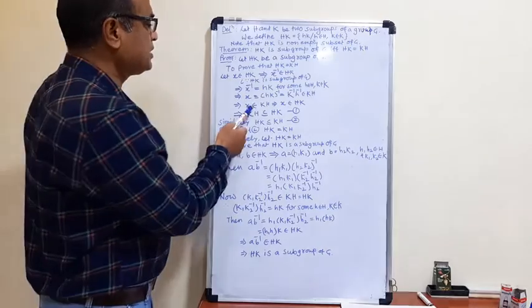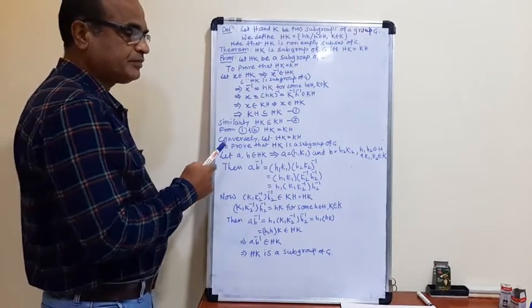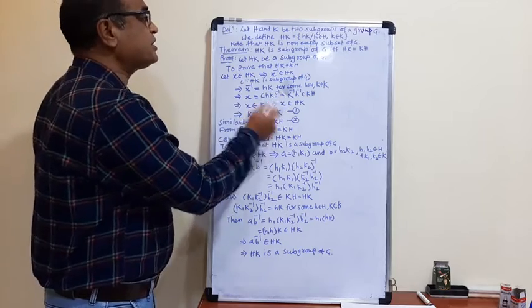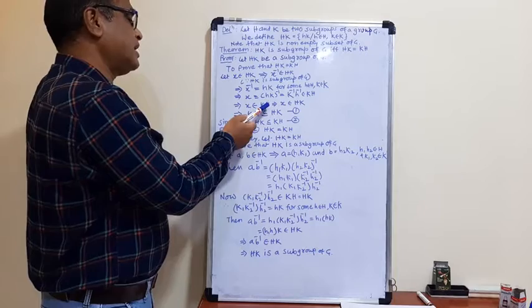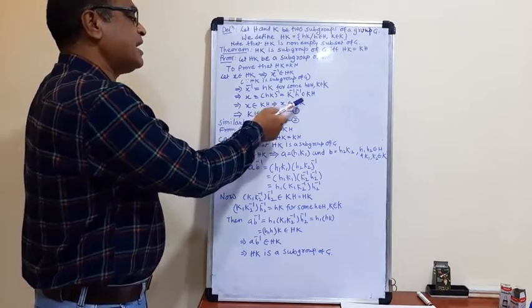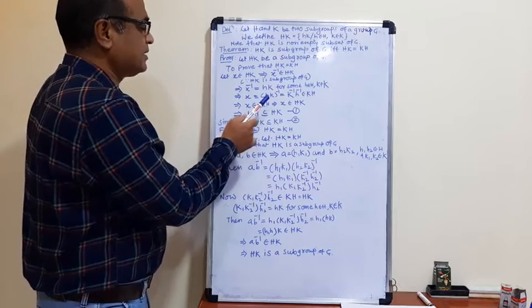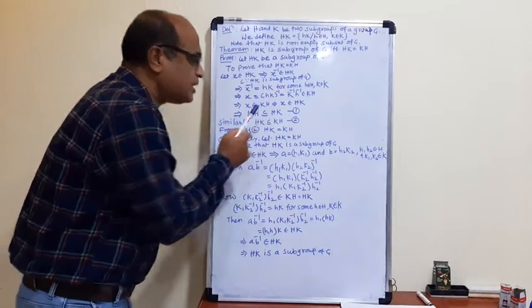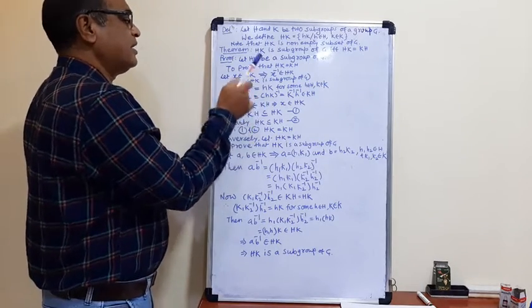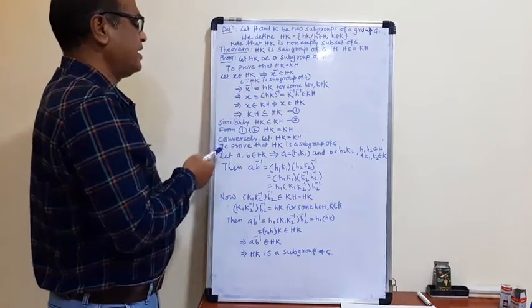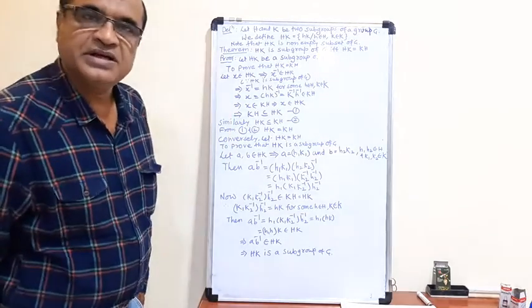Since x belongs to HK implies x belongs to KH, HK is a subset of KH.